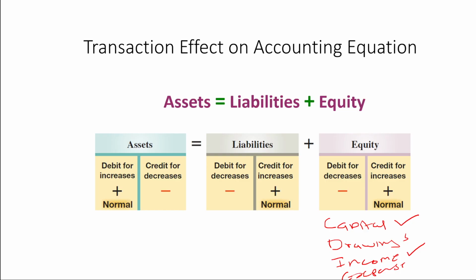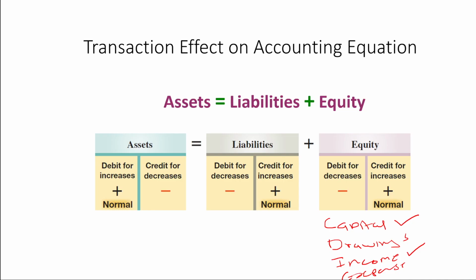If we buy anything on credit, the liabilities account will be credited, because the amount that we owe will always be increasing. Whenever we pay our creditors, we debit the creditors account, indicating that the amount we owe is now going down. Those are the summary of the effects on the accounting equation.